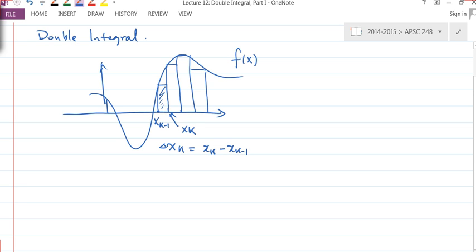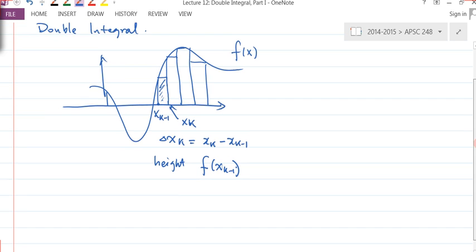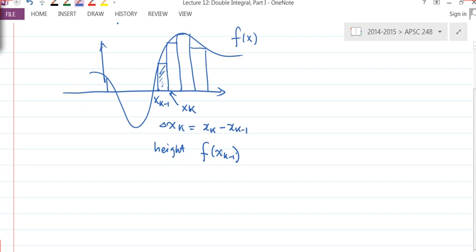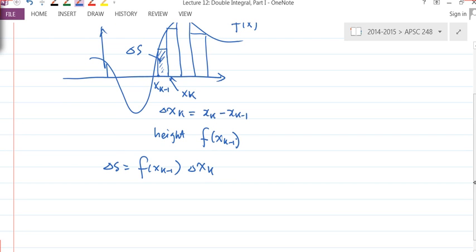And the height is f of x of k minus 1, for example. So for this rectangle, let's call the area delta s, and delta s is f of x of k minus 1 times delta x of k, right? That's the area for this one here.